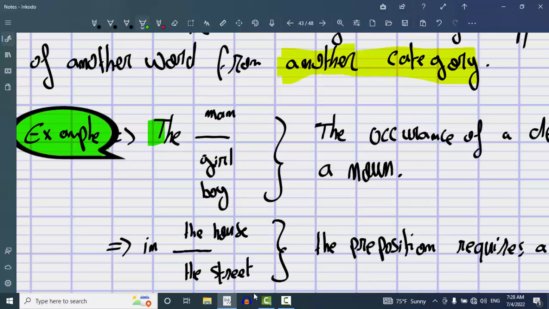Here we have the word the and it is a determiner. So the belongs to the category of determiners. And the occurrence of this determiner requires the occurrence of noun phrases. For example, here we have man, girl, and boy.